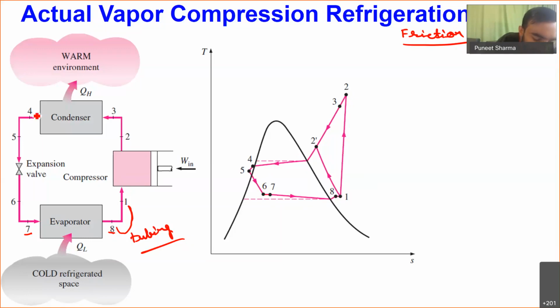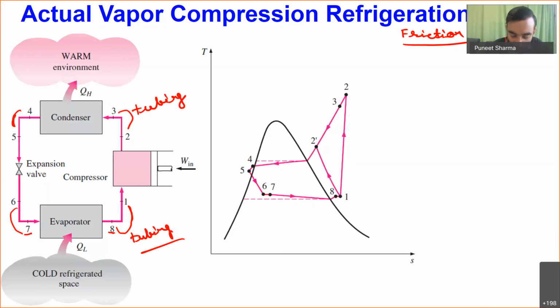Similarly, 3 to 4 is condenser inlet to outlet. So 2 to 3 is our tubing which connects compressor outlet to condenser inlet. Similarly, 4 to 5 we are having some tubing which connects condenser outlet to expansion inlet, and 6 to 7 we have some tubing which connects our expansion device outlet to evaporator inlet.